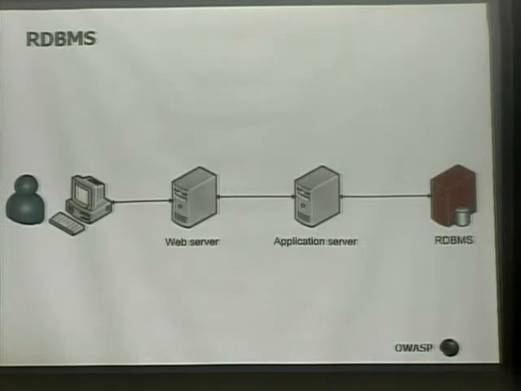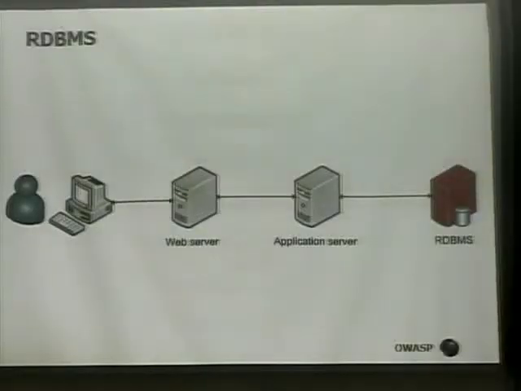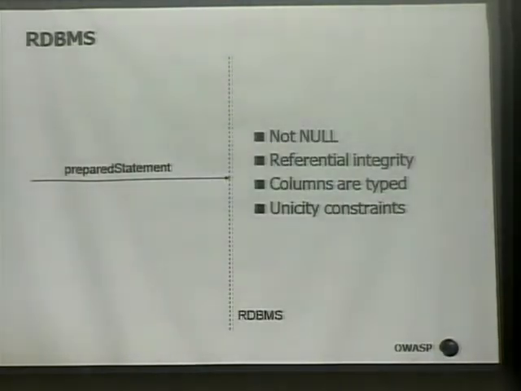So let's take it one step at a time, and I'd like to start from the back, at the data tier side. What we have is a data tier which receives a prepared statement and interacts with the application server that way.